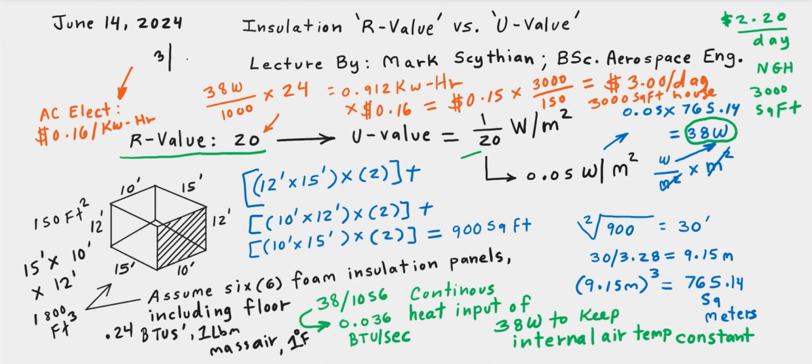We have $3 over $2.20, so that is 36.3, so it's 36% more expensive to use electric heating.